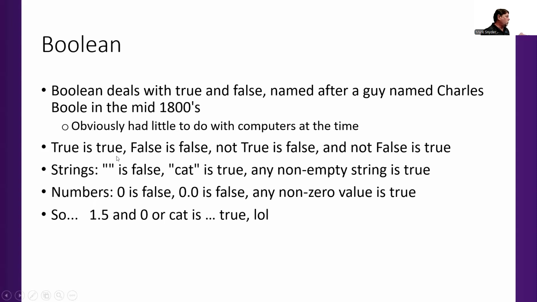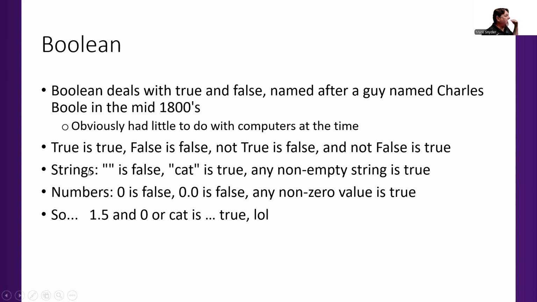True is true, naturally. False is false, naturally. Not true is false. And not false is true. Well, that sounds pretty obvious, right? Again, let me give you a page and a half of questions about Boolean logic on a piece of paper, and we'll see how quickly it gets more clarity.